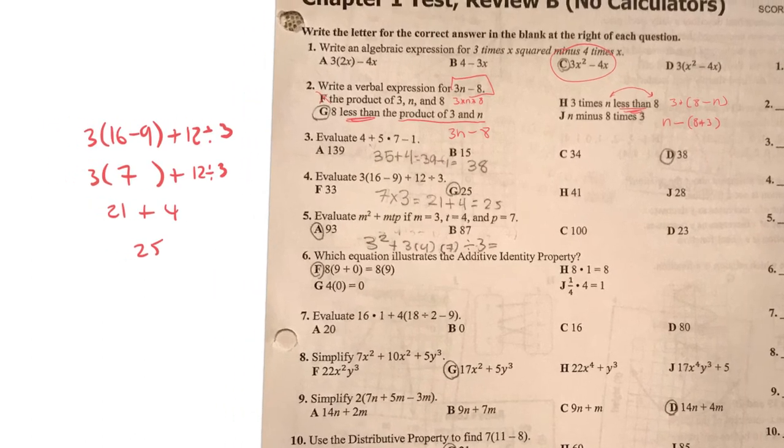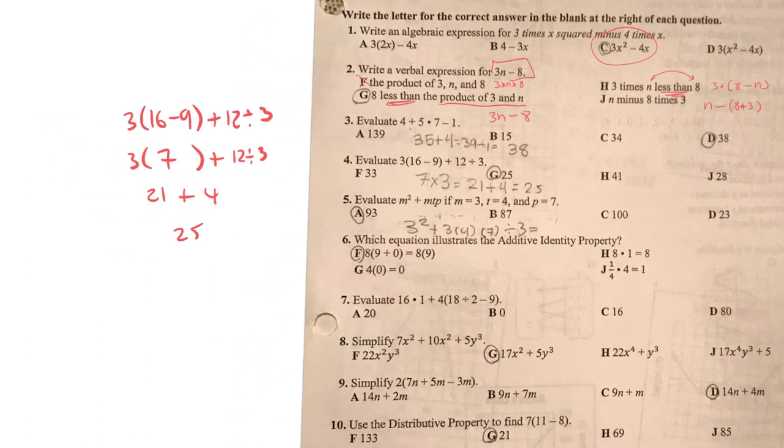Evaluate m squared plus mpt if it's the case that m equals 3, t equals 4, and p equals 7. So once again, I'm going to do empty parentheses. And m equals 3, so that goes here, p equals 7, so that goes here, and t equals 4, so that goes here.